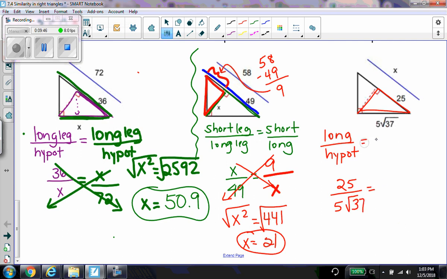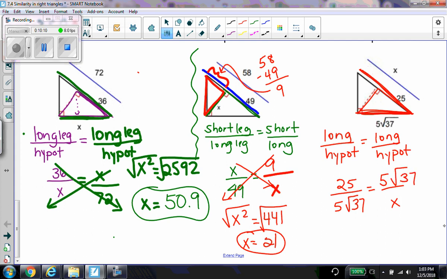All right, so where's my other long leg and my other hypotenuse? And definitely here is my hypotenuse. They labeled it x. That tells me it goes on bottom. My long leg is 5 square root of 37.